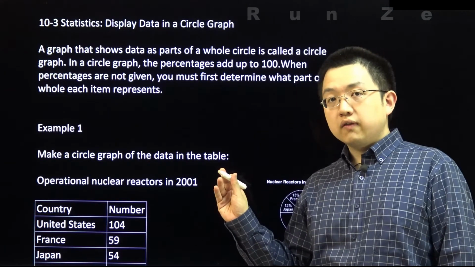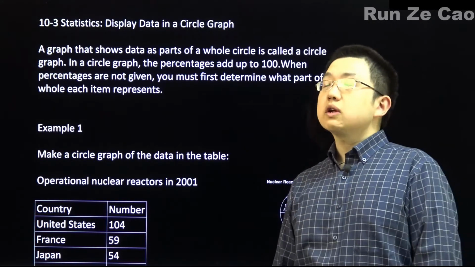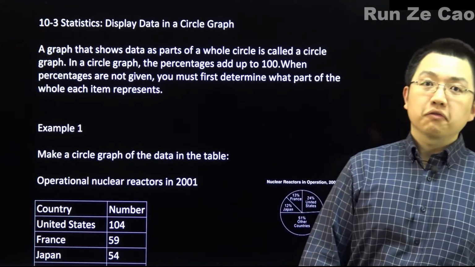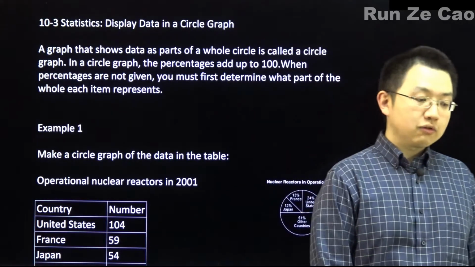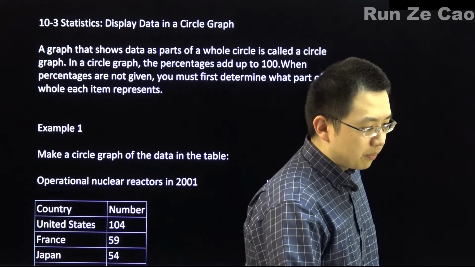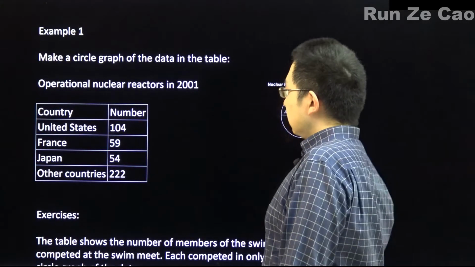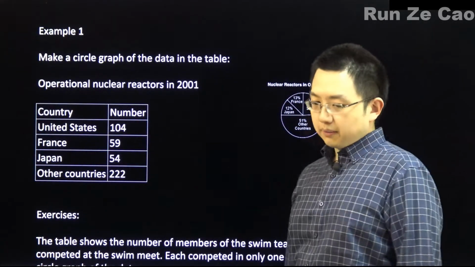A circle we divide into 360 degrees. Then that means how many parts out of 360, so a fraction over 360, that is occupied by a certain portion of the pie.